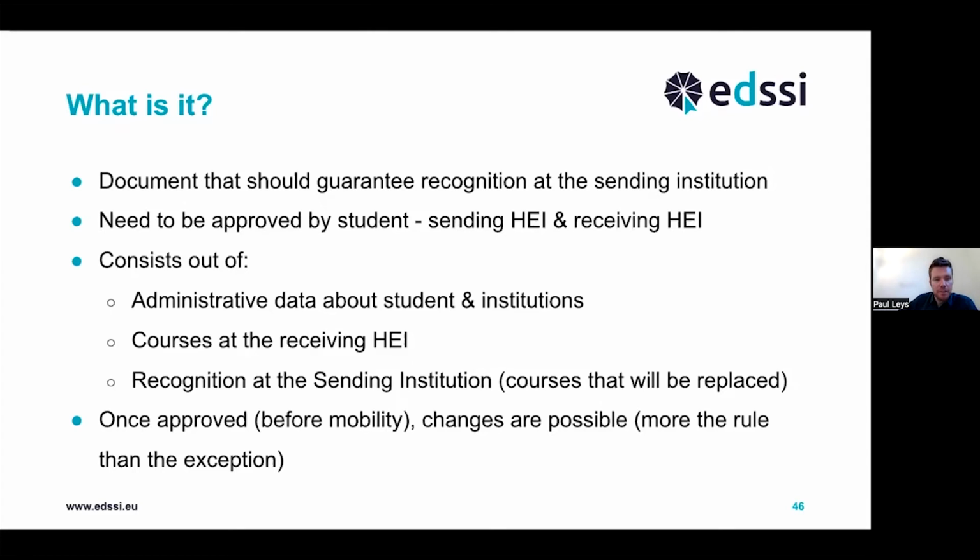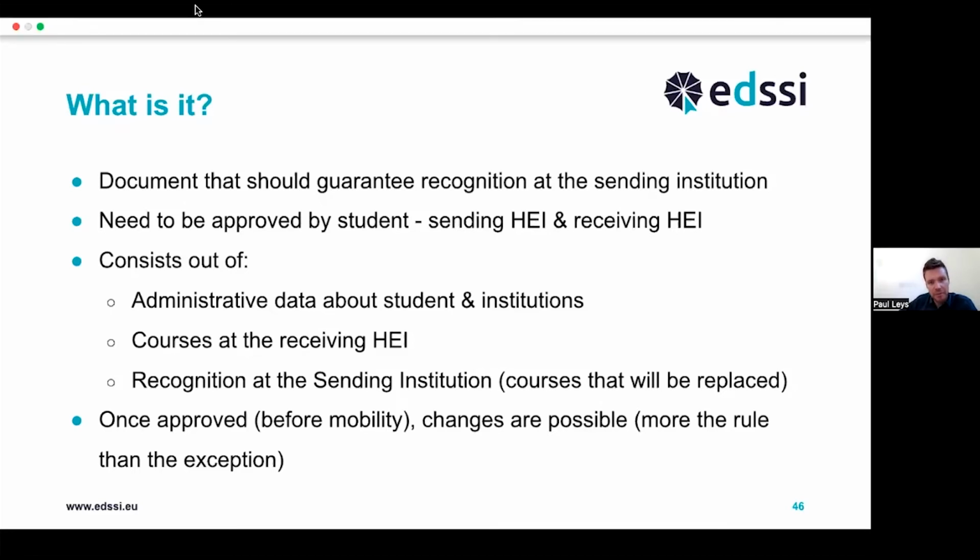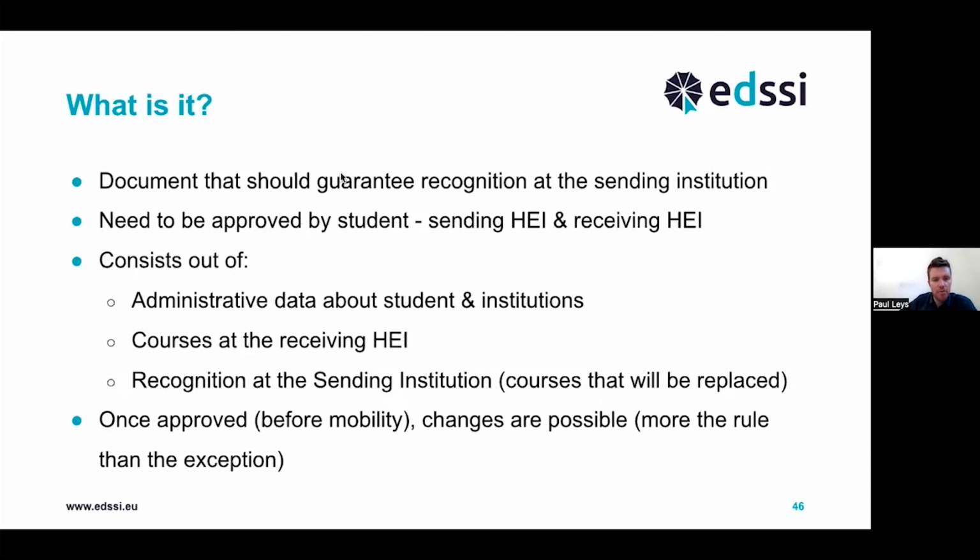It's a document that needs to be approved by the student, the sending higher education institution and the receiving higher education institution, consisting of some administrative data about the student and the institutions, the courses taken at the receiving higher education institution, and also the courses that will be replaced upon the student coming back to the home university, the sending institution, where those courses taken at the receiving higher education institution should count towards the home degree, and so other courses are replaced.